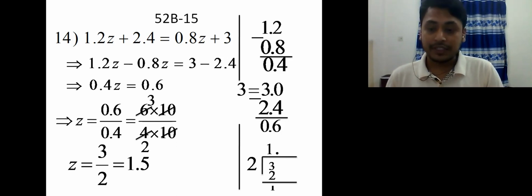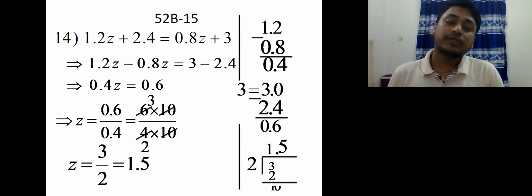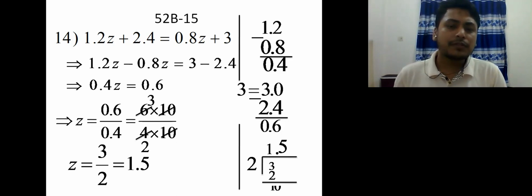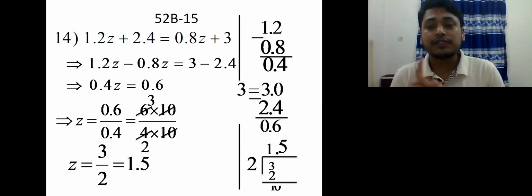Now for this point, 0 will come down. Now 5 twos are 10, thus the answer is 1.5. Got the point? So be careful here: 3 equals 3.0.